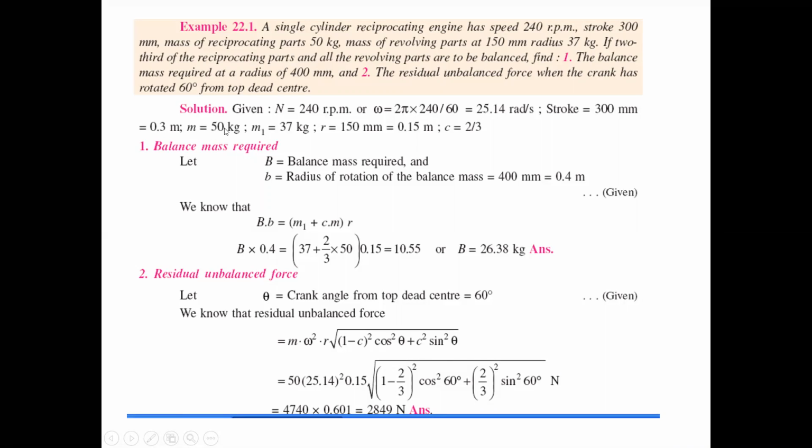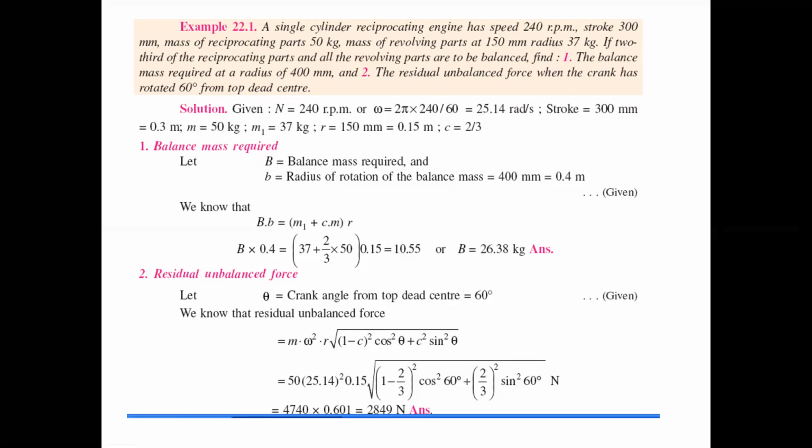Small m is 50 kg, and for the revolving parts m1 is 37 kg, and small r equals 150 mm, which is also 0.15 meters. And the fraction c is also given. The fraction value is two-thirds, as already said in our statement: two-thirds of reciprocating parts and all revolving parts are to be balanced. So c equals two-thirds.